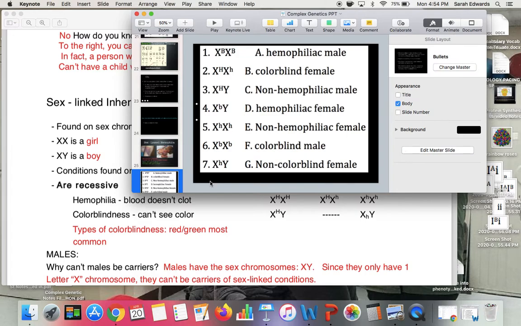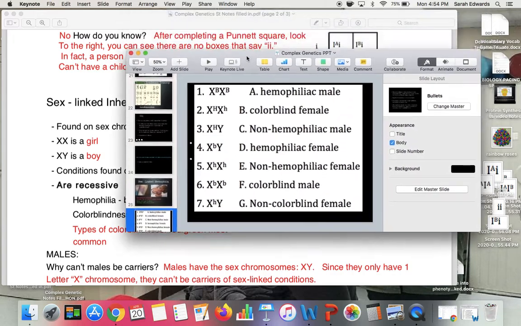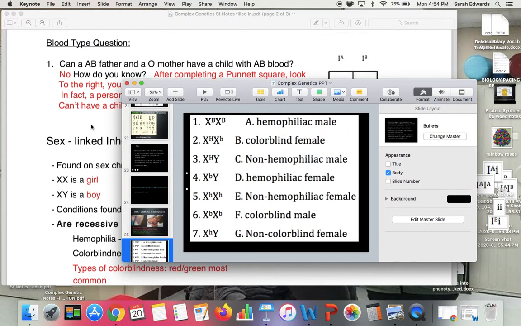Okay. So X big B, X big B. First of all, is that a male or a female? Okay, if you thought female, you'd be right. Is this person, this girl, going to be normal or colorblind? Well, is colorblindness a dominant or a recessive trait?